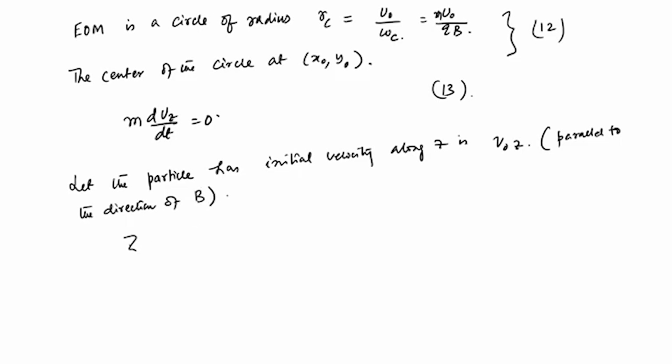Okay. So, this gives you z is equal to v0z times t, where there is a uniform motion in the z direction.